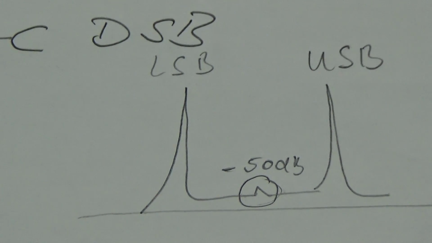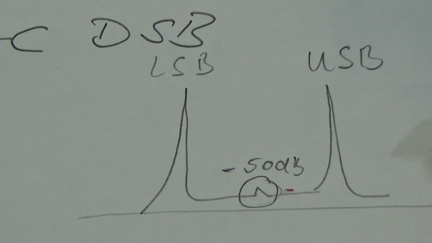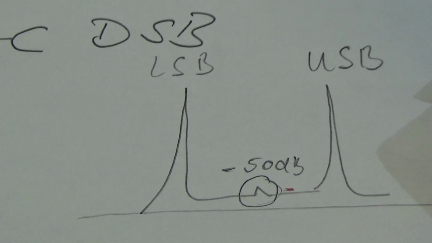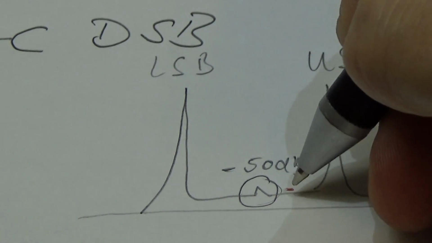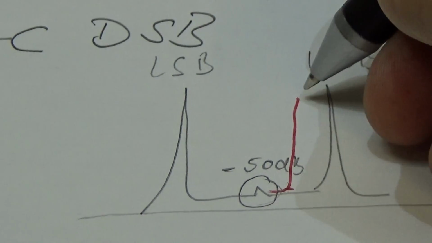We want to suppress it as well, and therefore we simply put in a filter. I can't really demonstrate it today because I do not have a good SSB filter here, but it is something like this.